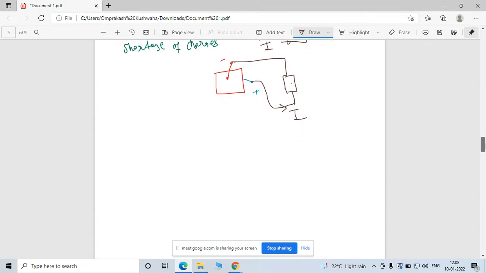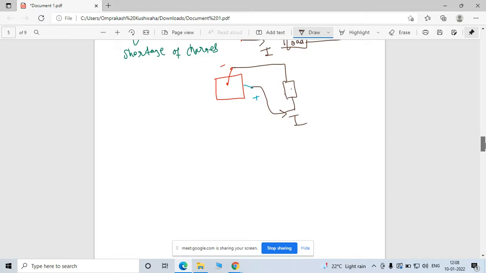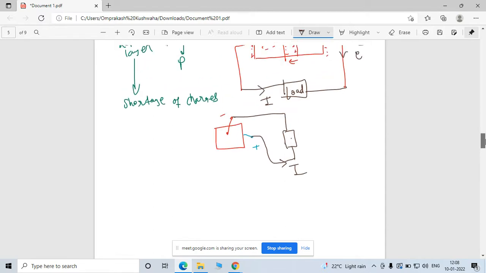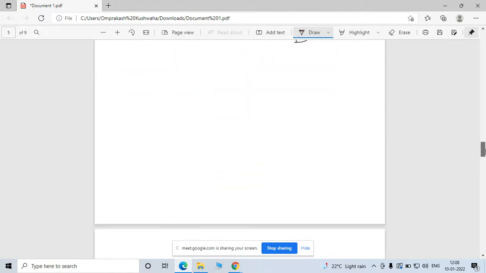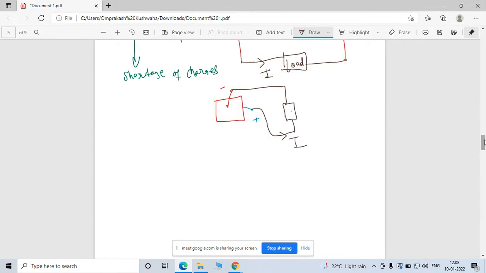By different series and parallel combinations, you can increase the capacity of current and voltage. In series, voltage is added, and in parallel, current is added.